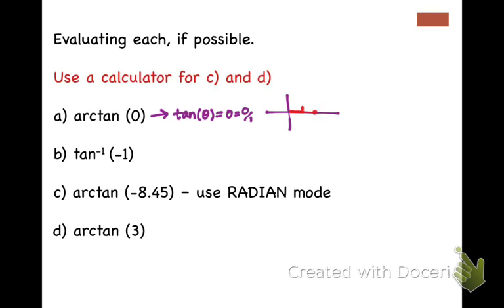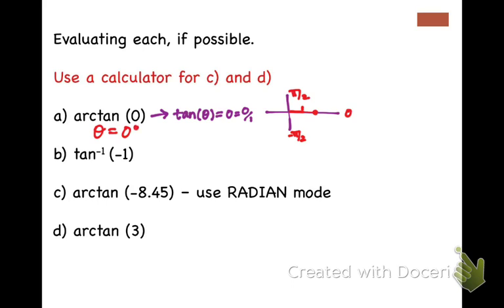So again, what is this angle? And I want it to be the angle within my restricted range here. Remember, we're going from -pi over 2 up to +pi over 2, that's going to be at 0. So we would say our theta equals 0. So 0 degrees, 0 radians.